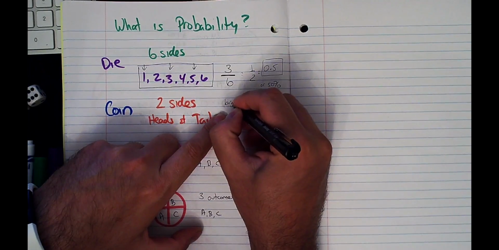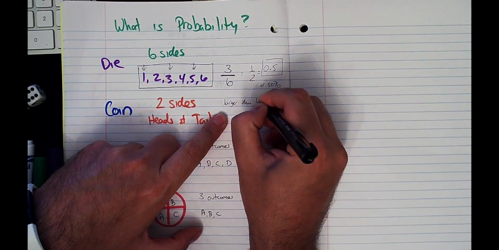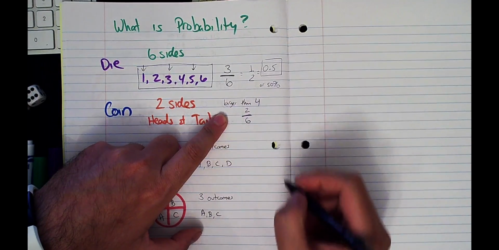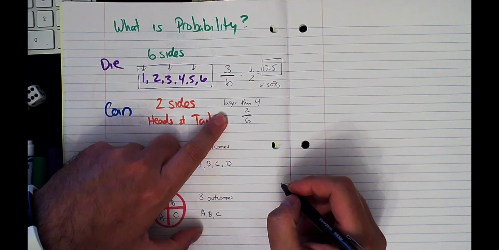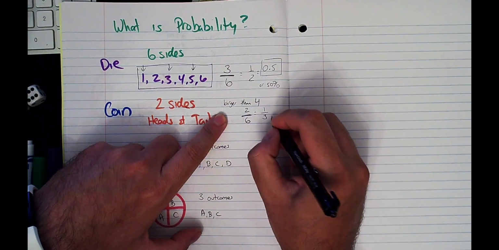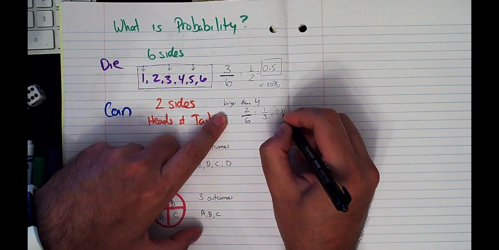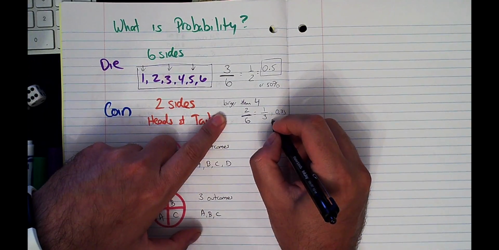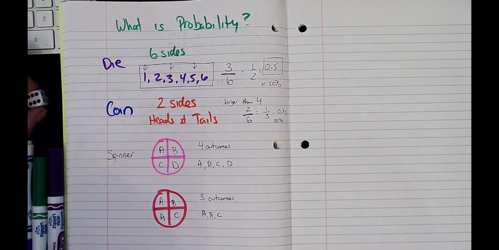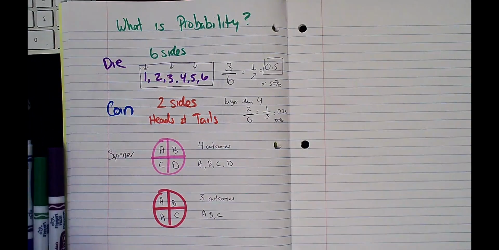So larger than 4, there are 6 outcomes, 2 are larger than 4. Again, more fractions, equals 1 over 3, equals 0.33, 33%.